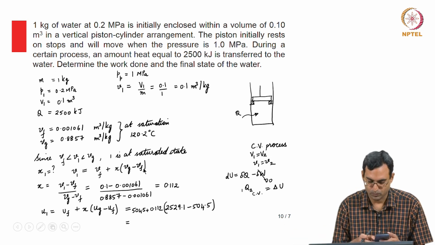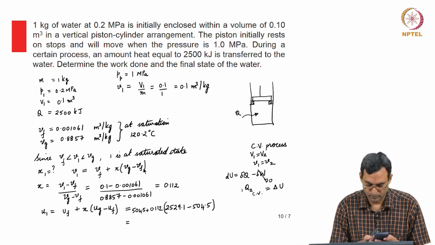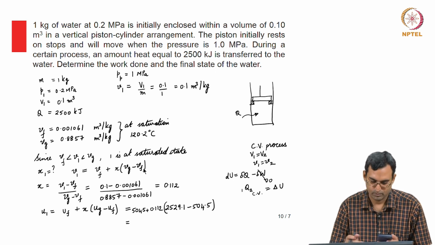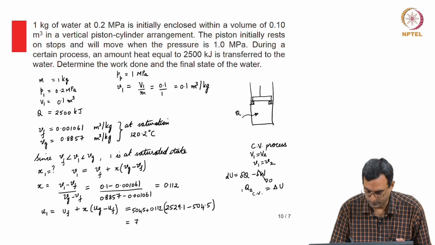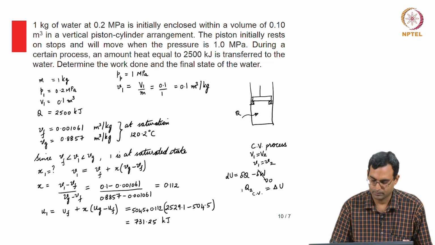So, let me find out what this is. So, I get a value of 731.25 kilojoules per kg.